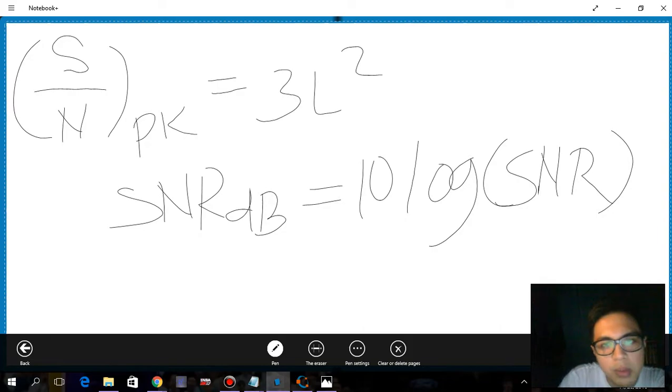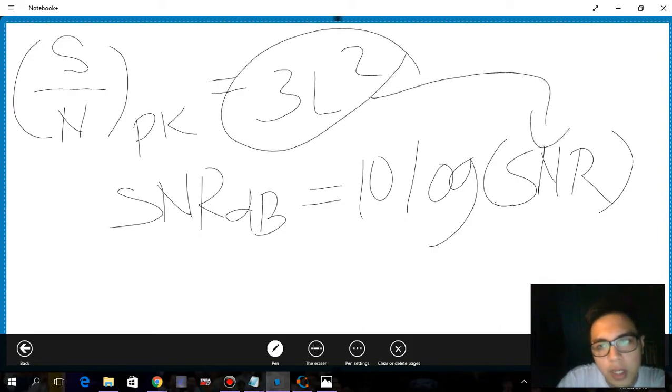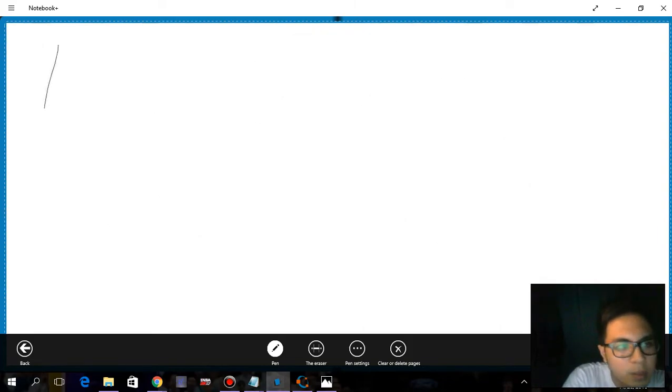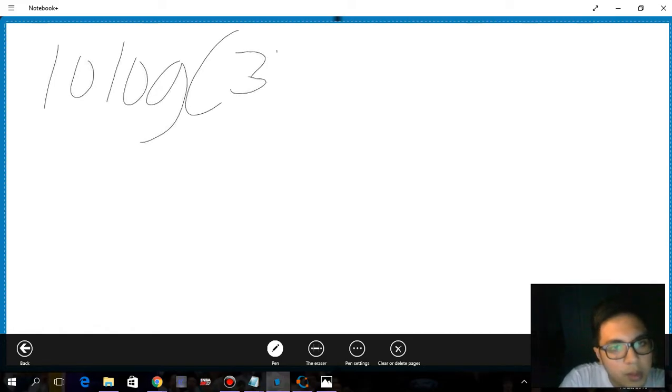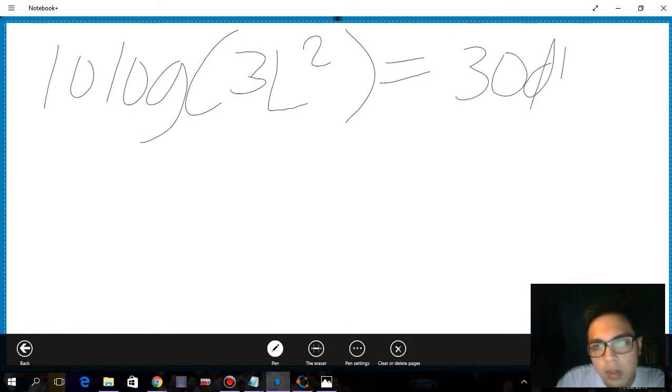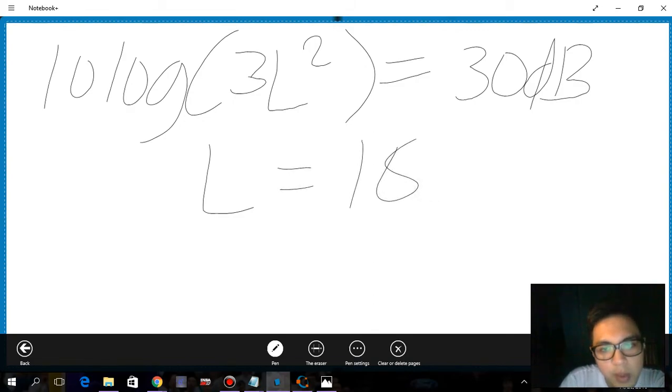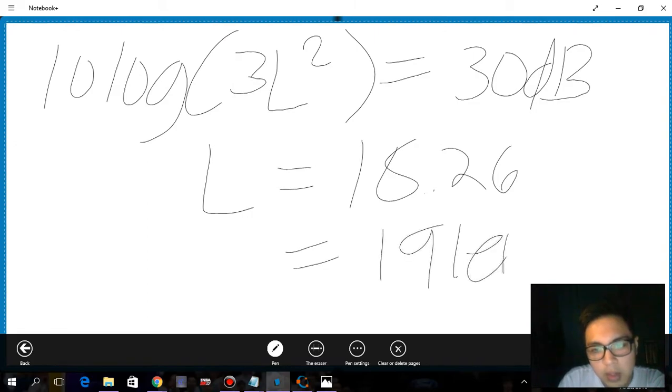So what we must do is plug this in here, and we need an output of 30 dB. So by this we should be able to get L, which will be 18.26, and we need an integer, so let's make it 19 levels.